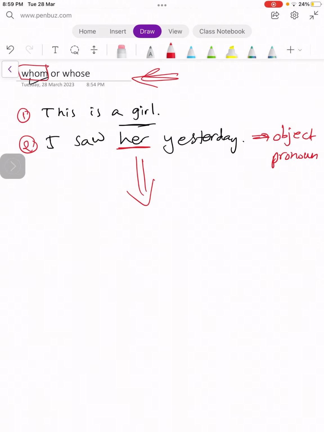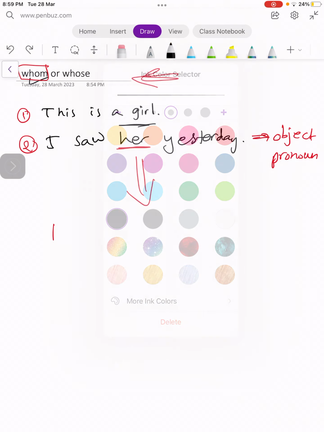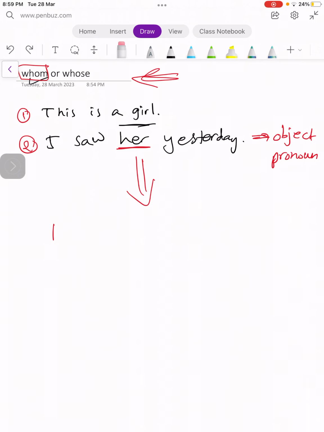So these two sentences are going to be this. Okay, so I'm going to say this. Okay, we'll change the color here. Yeah, I will say this is the girl whom.